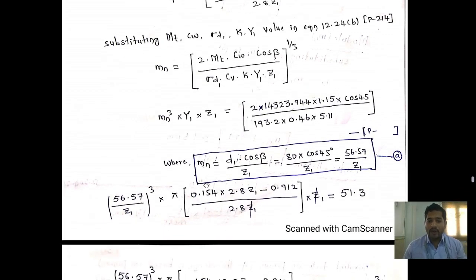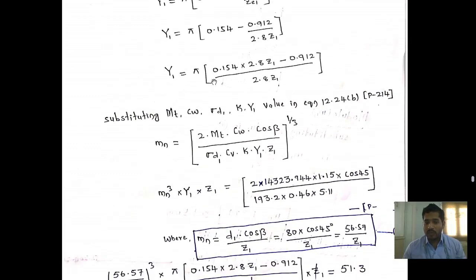We have the formula for Mn: d1 cos beta by z1. So d1 is 80 into cos 45 by z1. If you multiply 80 into cos 45, you get 56.57 by z1. Just substitute here: 56.57 by z1, whole cube, into Y1, the form factor value, which we know very well.